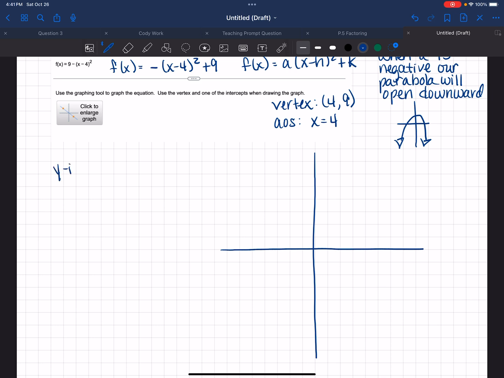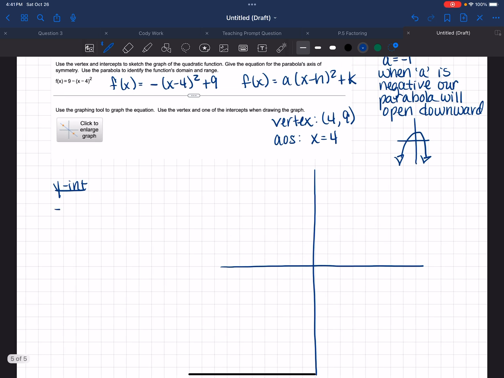So let's do our y-intercept. We're going to make x equal 0. So I've got y equals negative (0 minus 4) squared plus 9. Well, 0 minus 4 is negative 4, and negative 4 squared is positive 16, so I get y equals negative 16 plus 9, which gives me negative 7.